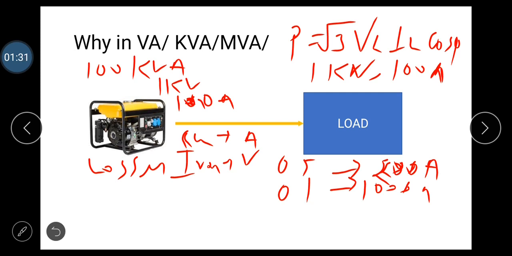That is why the alternator is given in kVA rating. So now we can conclude that the losses are independent of the power factor, and the voltage and current decide the insulation, the current carrying capacity and the heat capacity also. That is why these alternators are given in kVA rating.